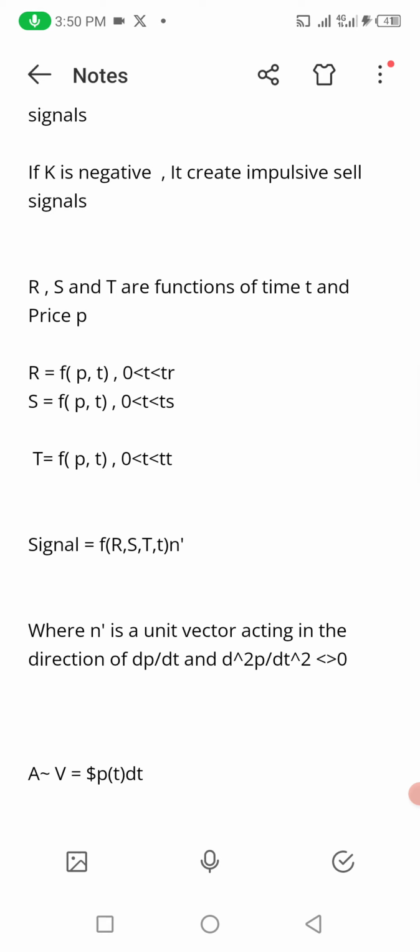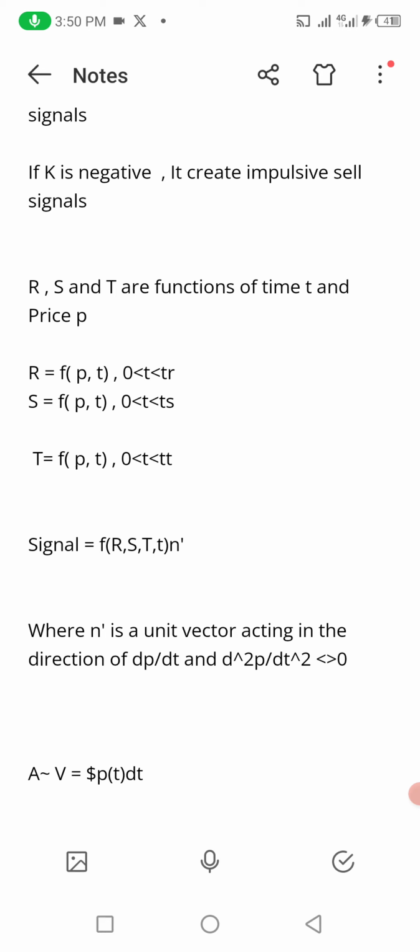When dP/dt is positive, n is acting upwards, and when dP/dt is negative, n is acting downwards. If you take the second derivative of price with respect to time, it should not be 0, so less than greater than means it is not equal to 0.